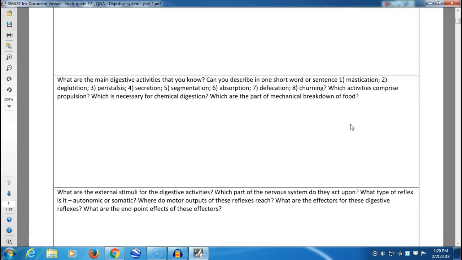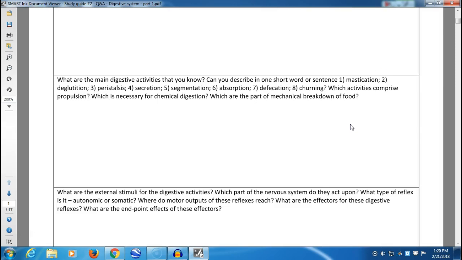Now, digestive activities. Remember we had a question something like, what are the digestive activities? Mechanical digestion, okay? Or what is propulsion? Peristalsis and deglutition, for instance.